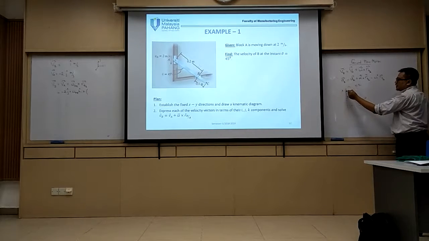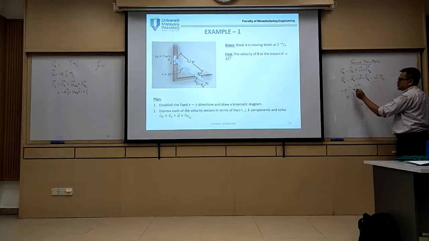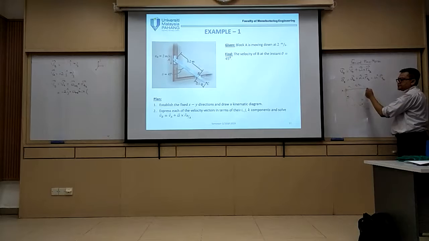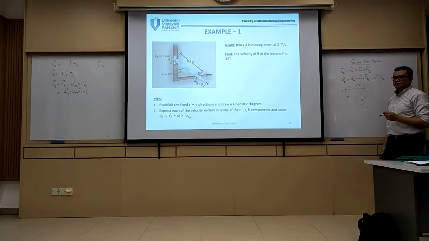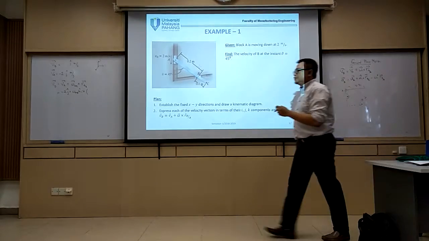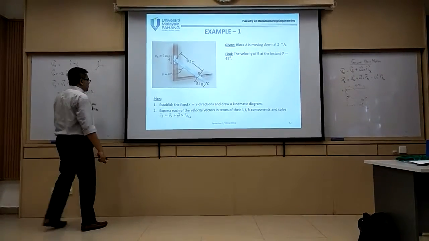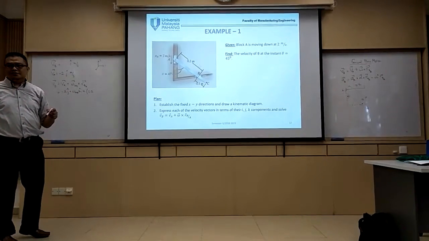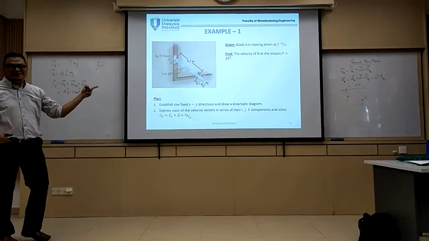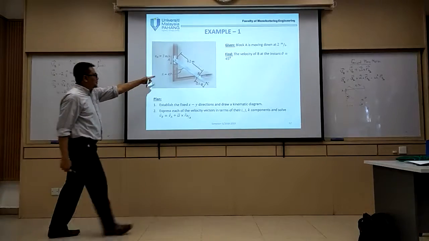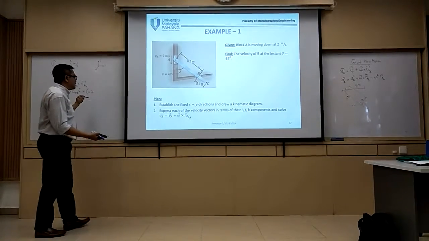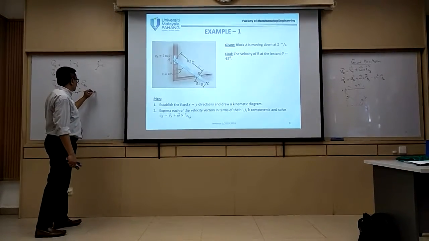So this is the I. What is this line? 0.2 sine 45, sine or cosine? It's the same, right, because it's 45. But in here you can use maybe the sine.